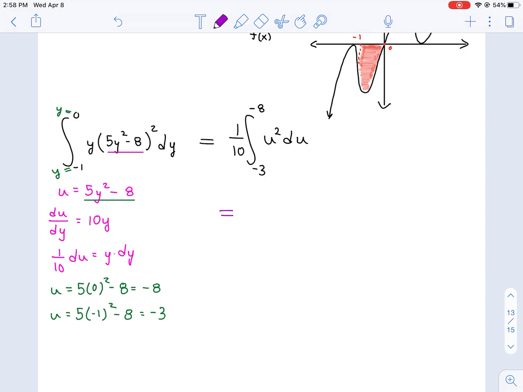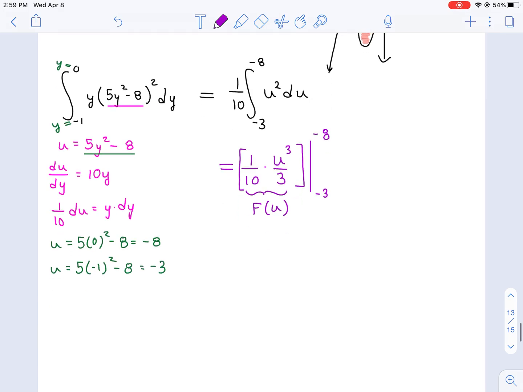The antiderivative of u squared is u cubed divided by 3. So we're going to use this function and evaluate at -3 and at -8. So I'll label that capital F of u.